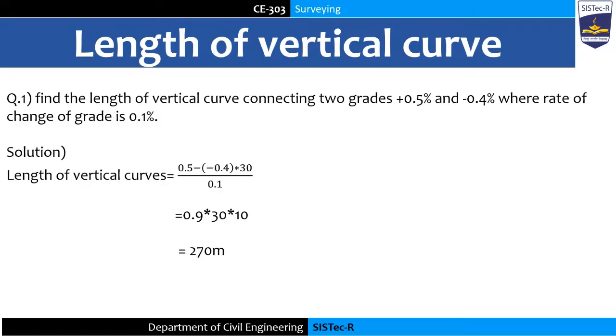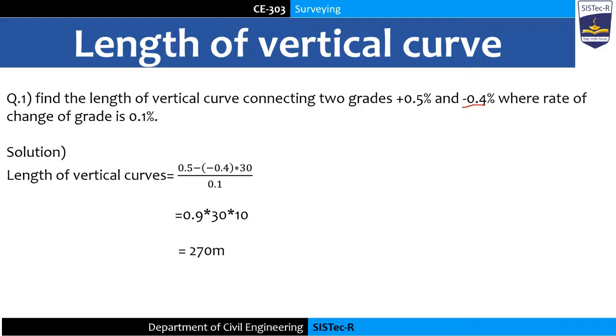So now we have a numerical based on the calculation of length of vertical curve. Find the length of vertical curve connecting two grades, plus 0.5% and minus 0.4%, where the rate of change of grade is 0.1% per 30 meter. In this case the grades of the two curves are given and the rate of change of grade is also given. Length of vertical curve is equal to 0.5 minus minus 0.4; this is a down gradient so minus minus becomes plus.